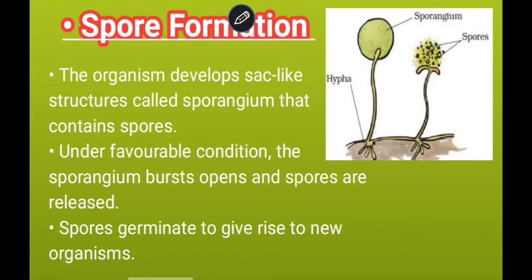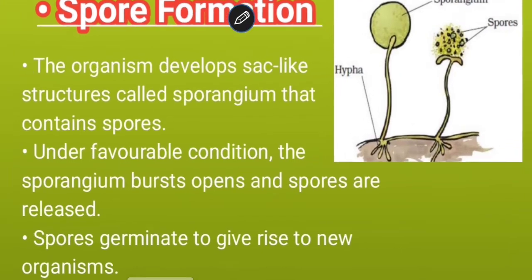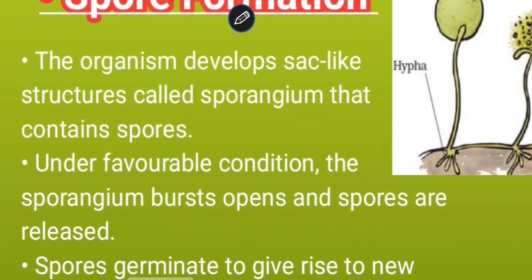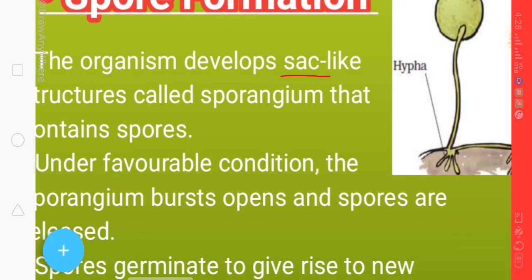From the name itself we come to know that there will be formation of spores. The organism develops a sac-like structure called sporangium that contains spores. Here the word sac means bag-like.